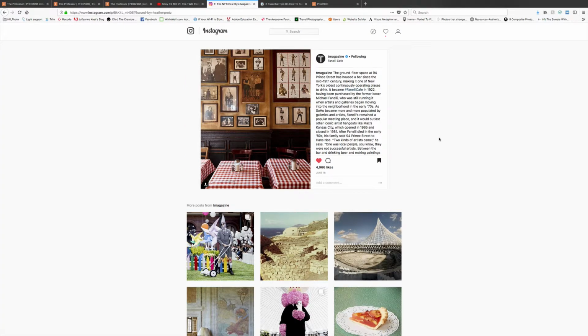So this is a very descriptive caption. It tells a story as well as location and history. So this was in the Times Magazine. "The ground floor space at 94 Prince Street has housed a bar since the mid-19th century, making it one of New York's oldest continuously operating places to drink. It became Finelli's Cafe in 1922, having been purchased by the former boxer Michael Finelli, who was still running it when artists and galleries began moving into the neighborhood in the early 70s.